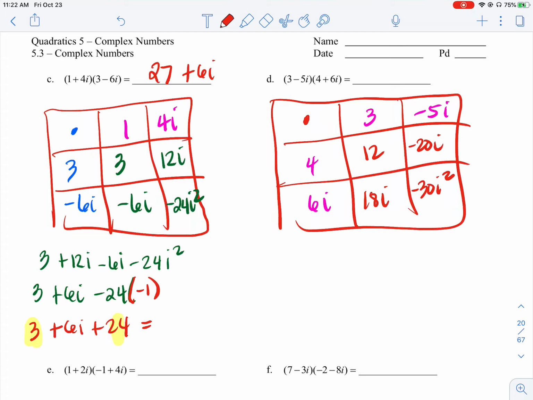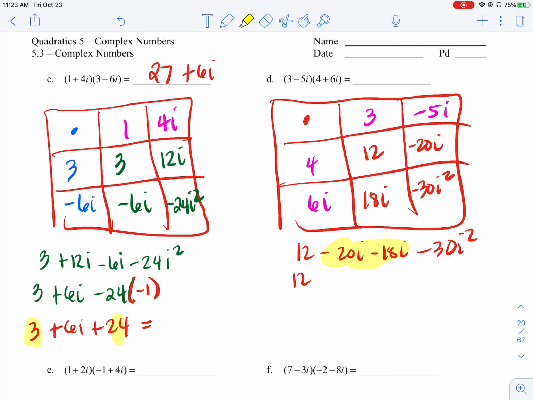What do we have here? 12 minus 20i, 18i minus 30i squared. Okay? So you're going to end up with 12, and I think you can combine, let me highlight this one, these two right now, right? And don't forget that when you combine like terms, a lot of people say that because that is an i and an i, that is an i squared also.